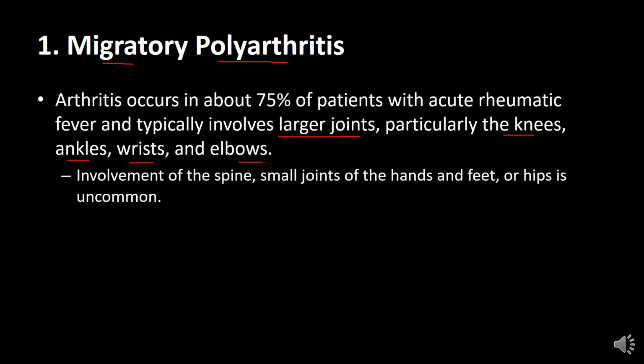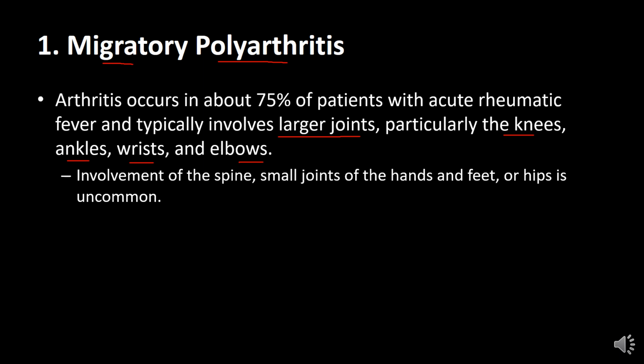However, it doesn't commonly affect the hip joint. So take note of that. And because it affects large joints mainly, that means we are excluding the small joints. That is a very important thing for you to remember when it comes to differential diagnosis, because you do not want to overdiagnose rheumatic fever. And at the same time, you also don't want to underdiagnose.